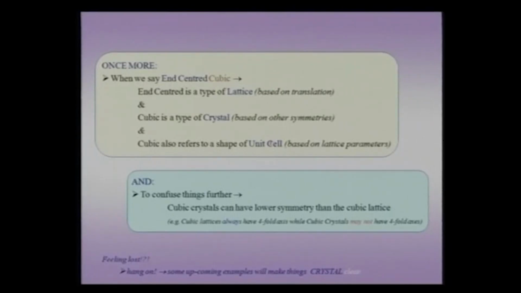So here is the reason for confusion, because now we have 3 concepts, one based on translation, one based on symmetries, one based on choice of lattice parameters, all coming together in a single phrase, end-centered cubic. And to note, the word cubic has been used in 2 contexts, one to refer to a crystal, one to the choice of the unit cell.